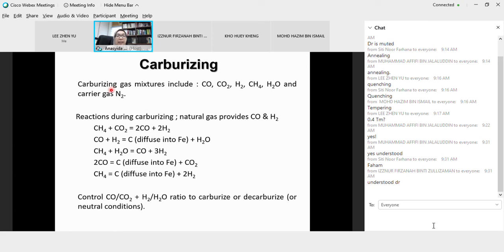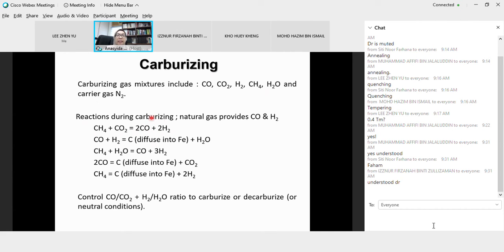So this is an example of gas. We can use carbon monoxide, carbon dioxide, hydrogen, methane, water, and a carrier gas of nitrogen. This is some examples. If you use methane plus carbon dioxide, you will get carbon monoxide and hydrogen.